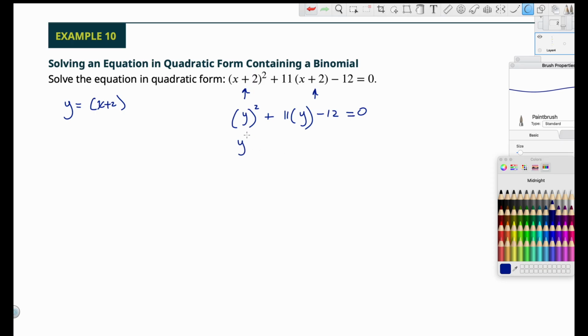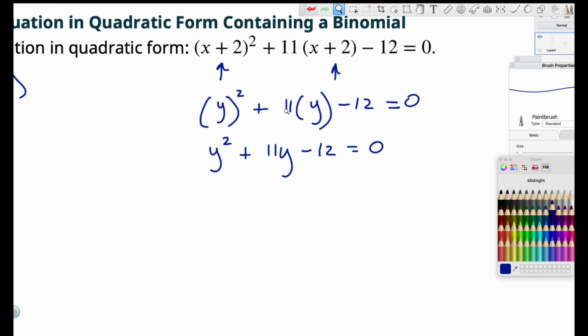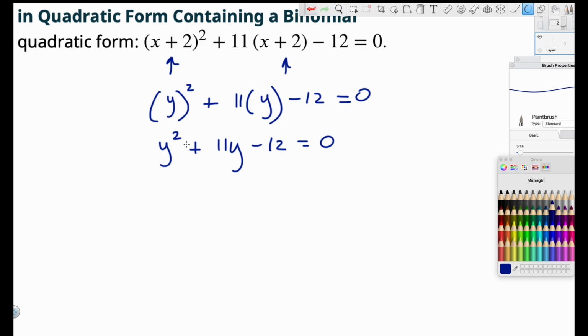So it'd be y squared plus 11y minus 12 equals 0. And now we have a quadratic, kind of an easy one here too, with leading coefficient 1. We could factor this, right? So what are the factors of negative 12 that add to 11?